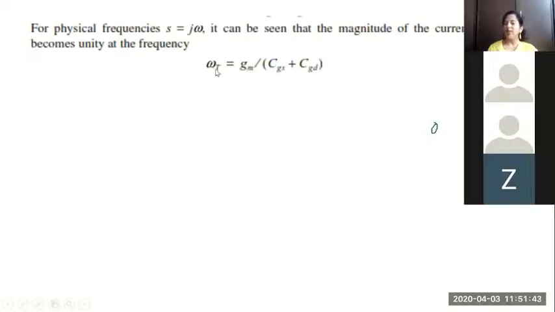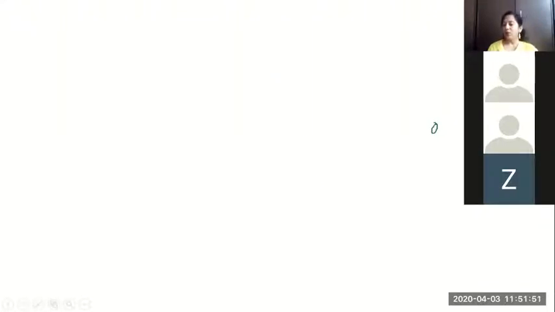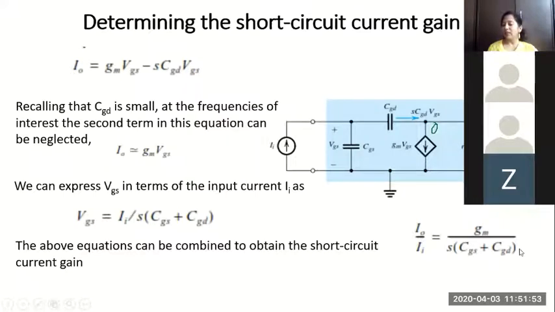That's what we said. So omega t is that frequency which is found as GM by CGS plus CGD. So we had already shown GM by CGS plus CGD. So when will this become 1? When I'm replacing S with j omega, and when I'm putting omega as GM by CGS plus CGD, both will cancel out and this current gain becomes 1.